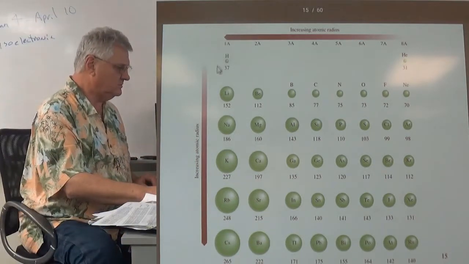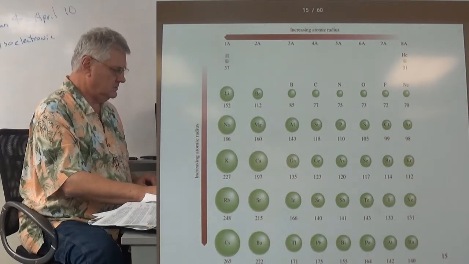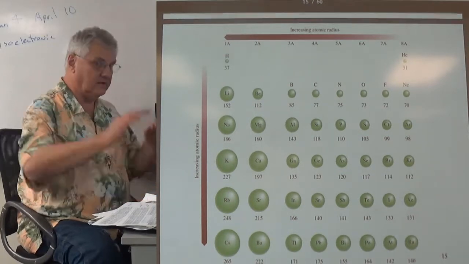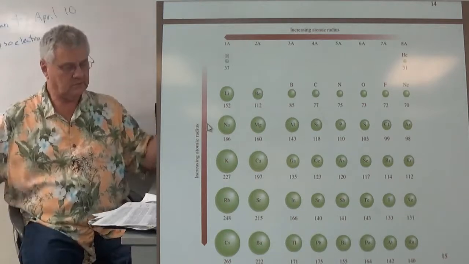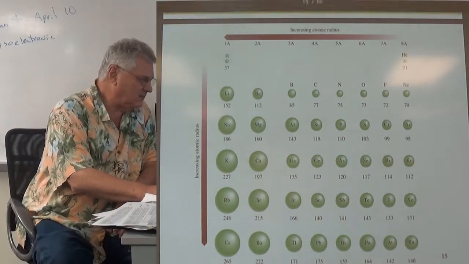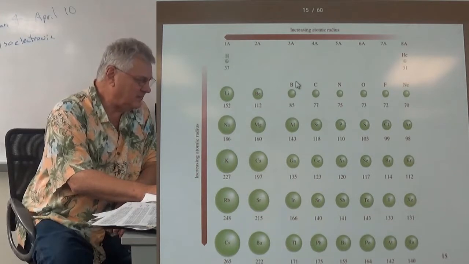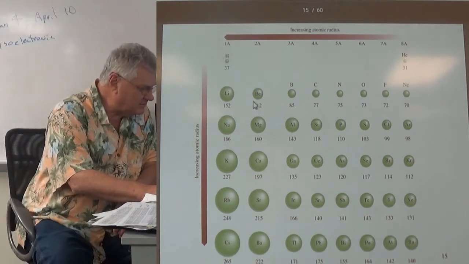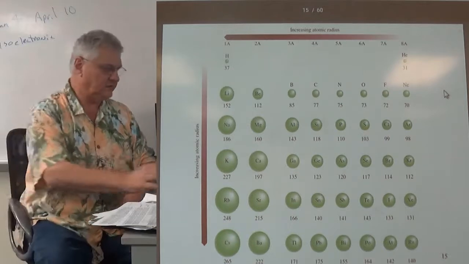So as we go down a group, the size of the atoms increases. We've got more shells, more electrons. But when we go from left to right, we're only adding 1 electron at a time, and we're adding a proton in the nucleus that pulls the orbitals in.